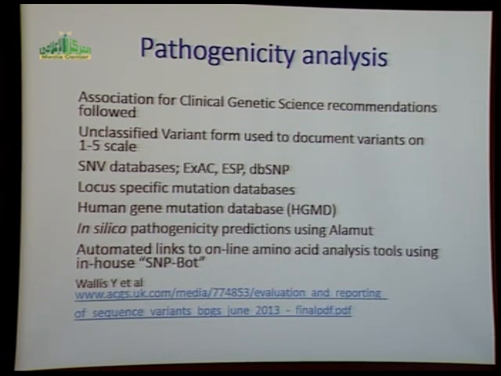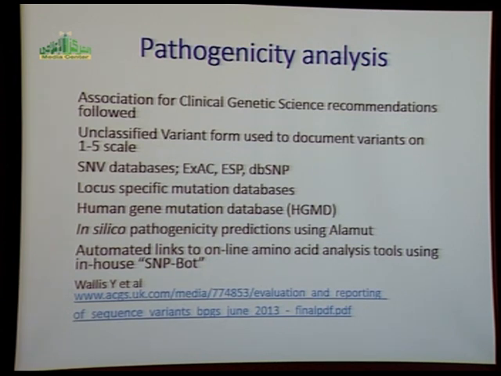We look at variants identified on the Exome Sequencing Project and the single nucleotide polymorphism database as well. If necessary, we undertake in silico predictions using the software Alamut, which provides links to a number of different software tools. And we also have an in-house tool referred to as SNPbot, which has been designed by one of our bioinformatics trainees, and it links to several of the online tools to help with pathogenicity predictions, particularly for amino acid substitutions. And the link at the bottom is to the recommendations that we use.